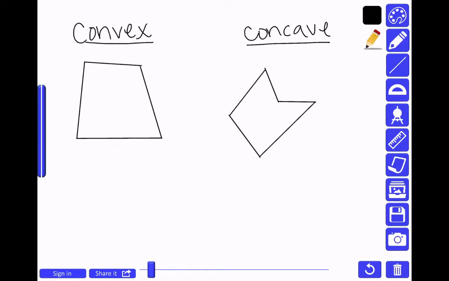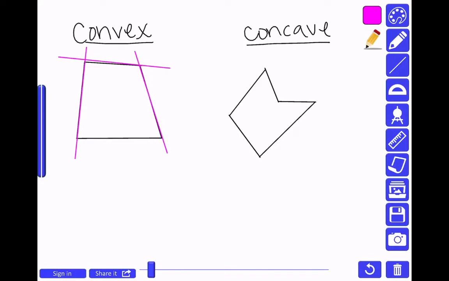With polygons, we have 2 types of polygons. We have convex and we have concave. A polygon is convex if no line that contains a side of the polygon contains a point in the interior. So what I mean by that, when I extend this line out and I extend this side out, those do not cross on the interior.